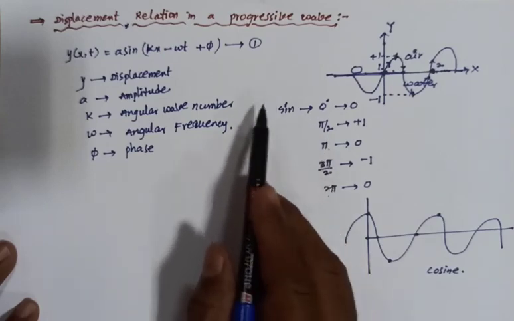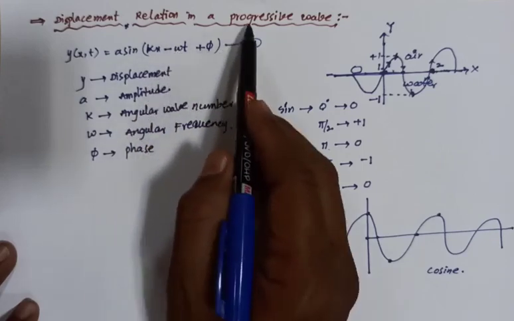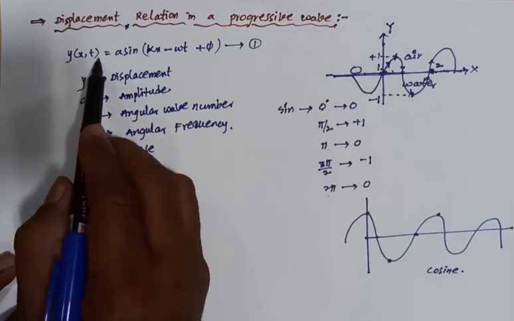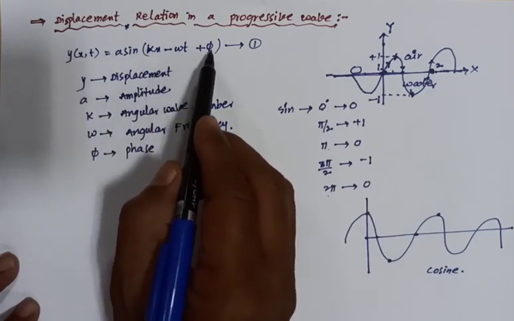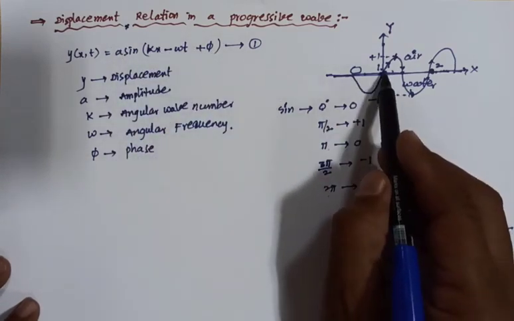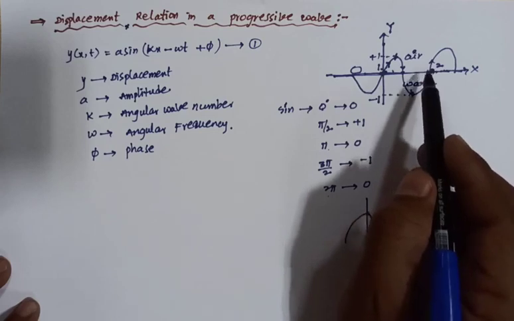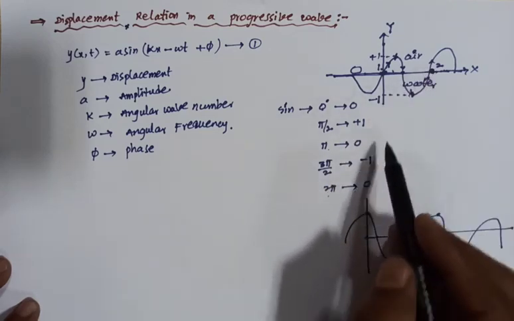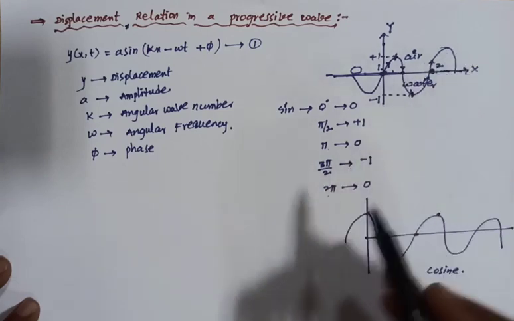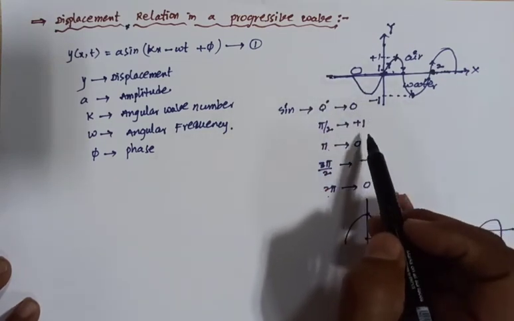But naturally we take the sine function, that is the displacement relation of a progressive wave like a transverse wave: y(x,t) = A sin(kx - ωt + φ). The sine function repeats at 2π radians, and 2π radians are 360 degrees. So it repeats from 0, and again the direction repeats like here. So we can discuss the different parameters.